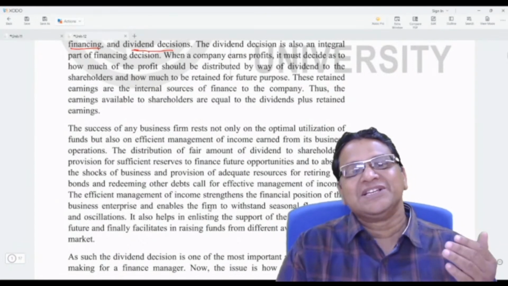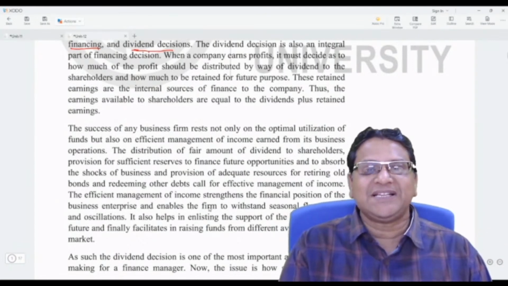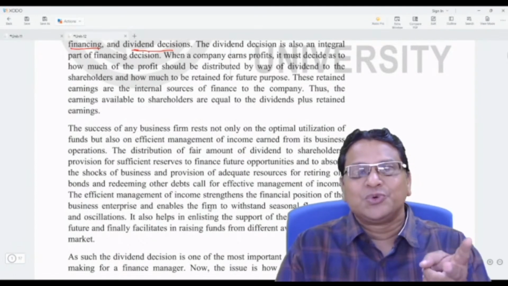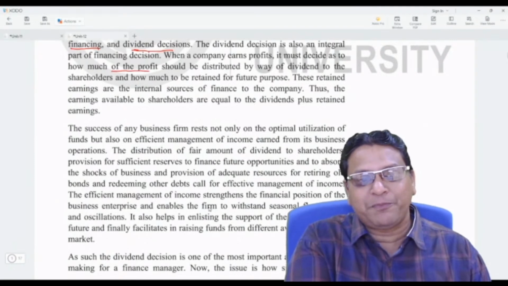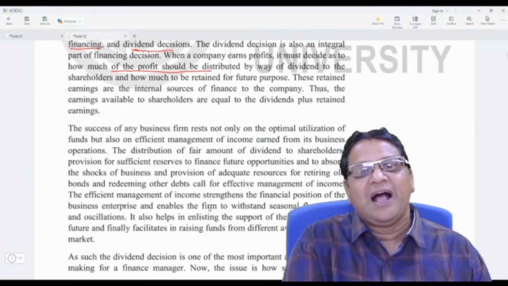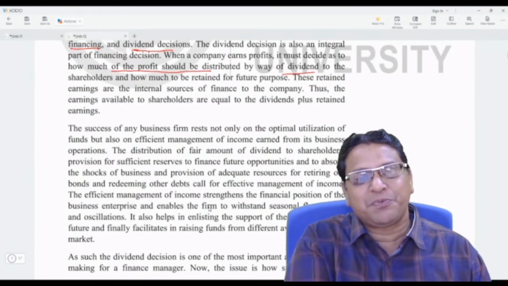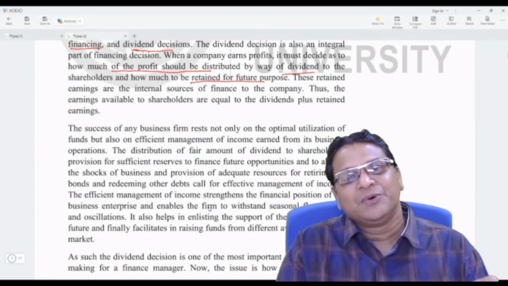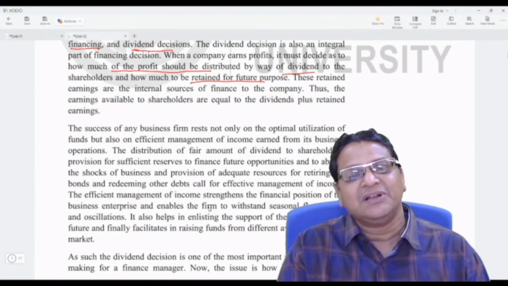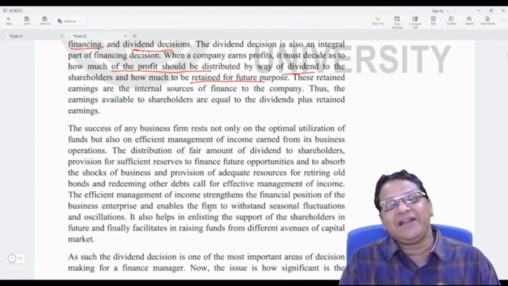So dividend decision is all about distribution of profit: how much profit should be distributed as dividend and how much profit is to be retained for future. That part of profit which is retained for future is known as retained earning.